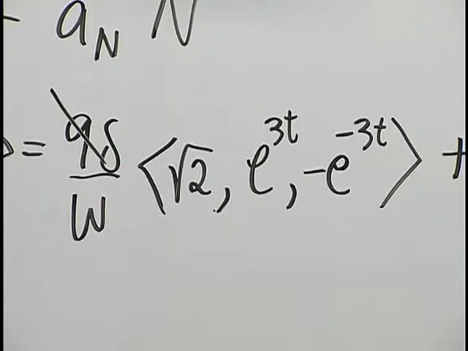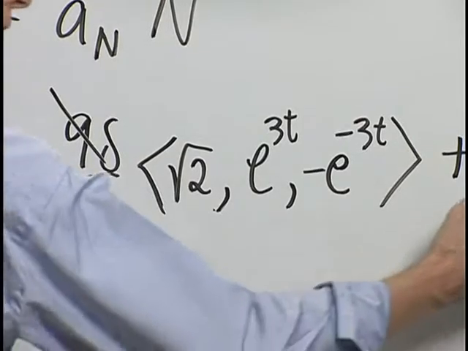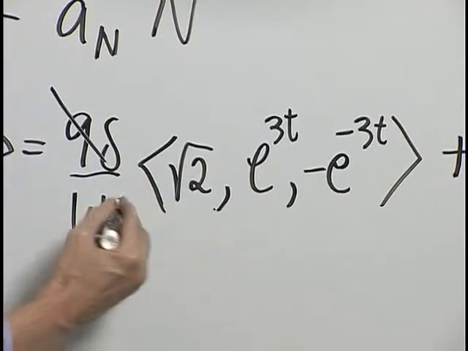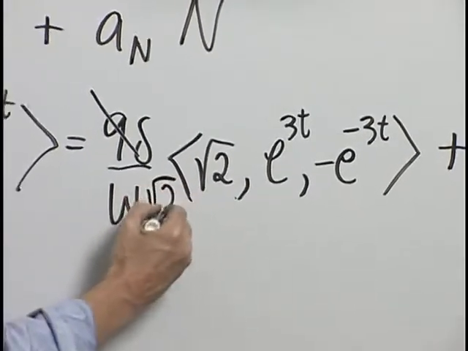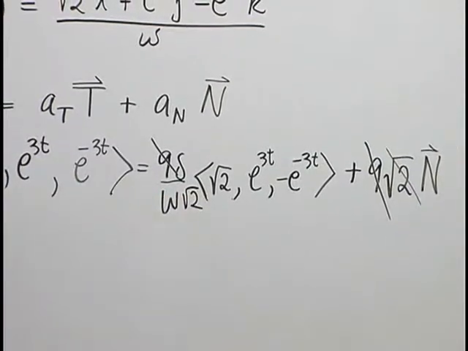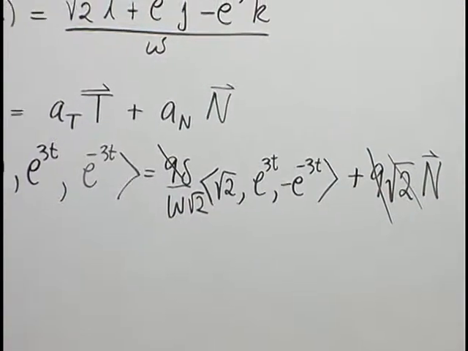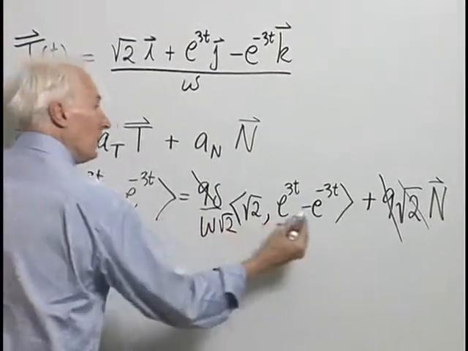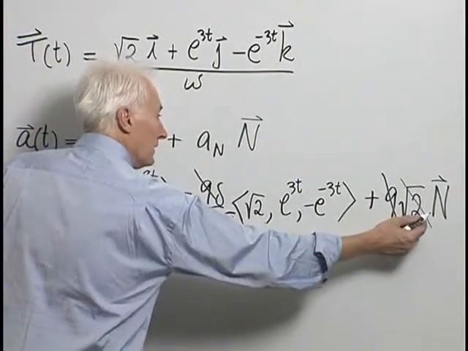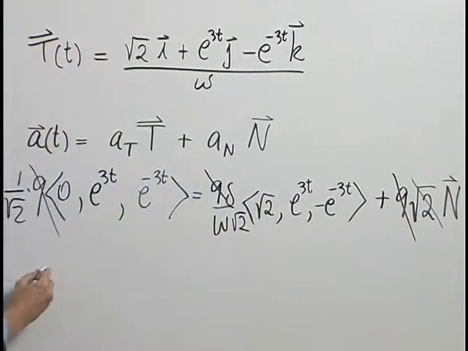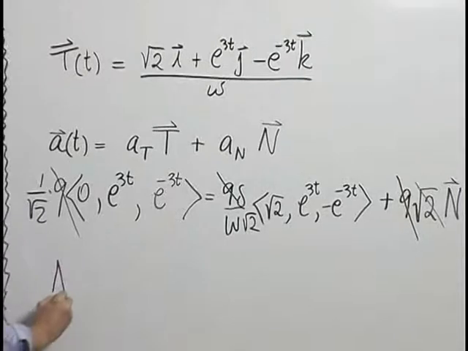When we do that, that cancels the square root of 2 in front of the N, and then divides each of the other terms by square root 2. So I'll put a square root of 2 in the denominator in front of that term, and we put a 1 over square root 2 out in front of this term. And so notice at this point, our N is sitting over here on the right all by itself, and so all I have to do is move this to the other side. So let's do that.